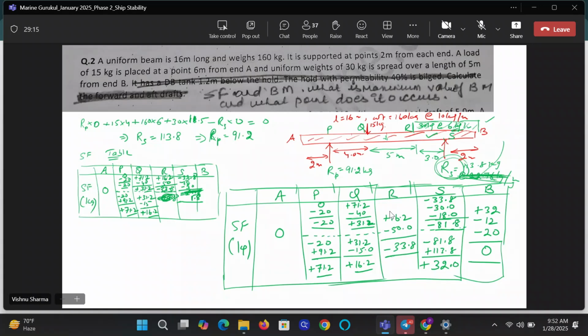Somewhere it was supported over a certain length. And minimum, there were 2 supports every time. There was not a single case where the beam was supported at 1 point. Am I right, class? Yes, sir, we have done only minimum 2 points.